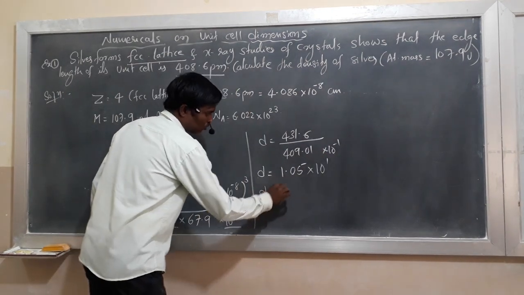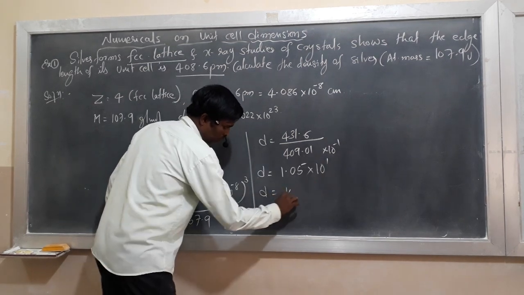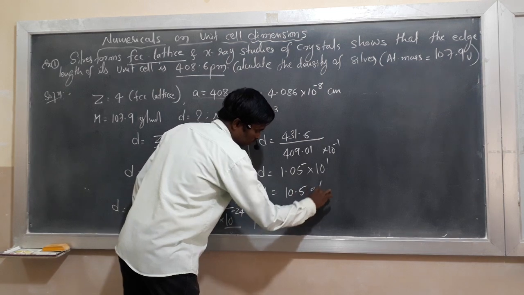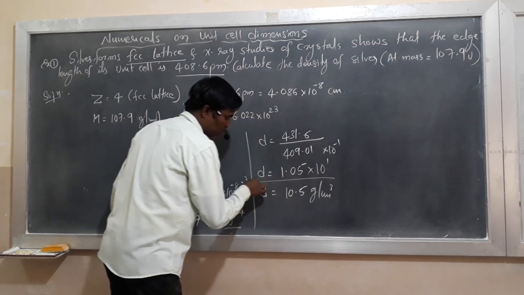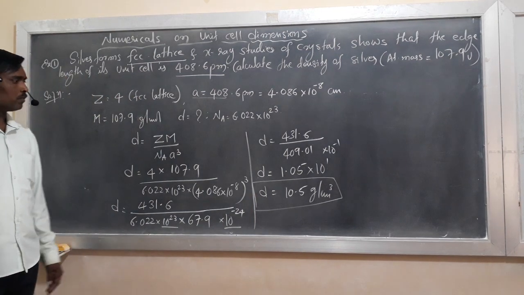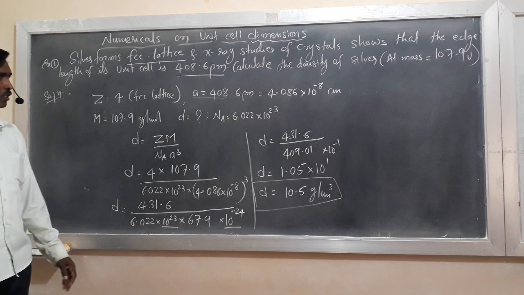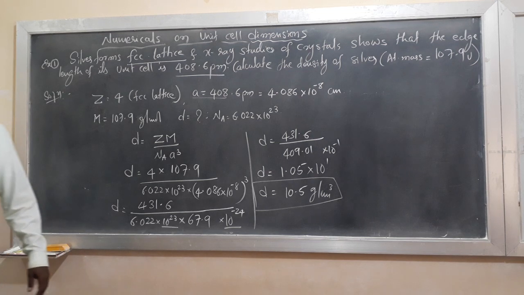So D is equal to 1.05 into 10, 10 raised to 1 means it is 10, so it is 10.5 gram per cubic centimeter. This is the unit of density. As it says here, the density of silver is D equal to 10.5 gram per cubic centimeter. Just copy it.